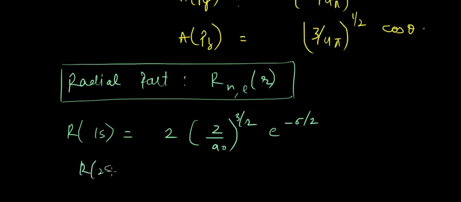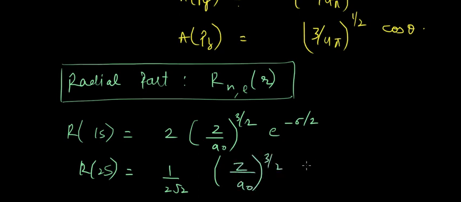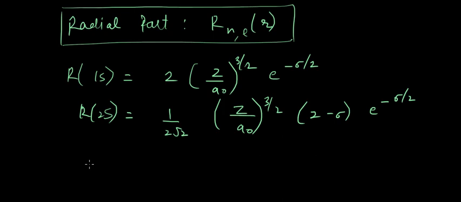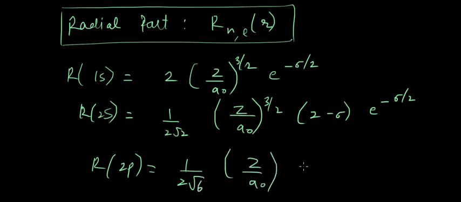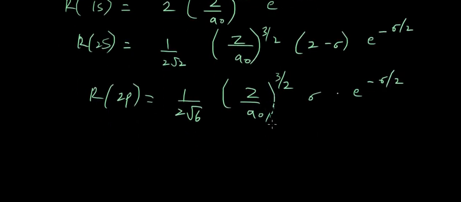R for 2s would be 1 by 2 root 2, z upon a naught to the power 3 by 2, times 2 minus sigma, multiplied by e raised to the power minus sigma by 2. And R for 2p would be 1 by 2 root 6, z by a naught to the power 3 by 2, sigma multiplied with e to the power minus sigma by 2.